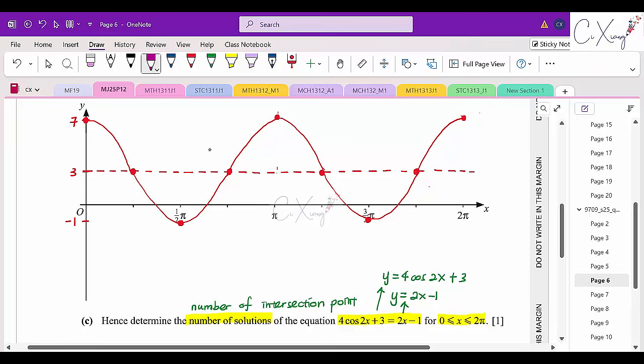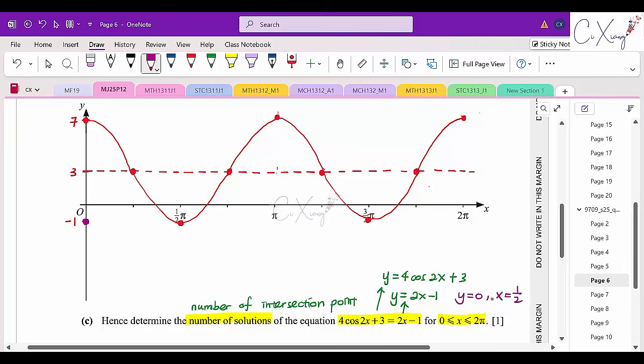When you want to sketch y equals 2x minus 1, you need to take two important points, maybe the x and y-intercepts. If you take x equals 0, your y-intercept will be -1, so you have one passing point for the linear line. If you let y equals 0, your x will be half, which is 0.5.